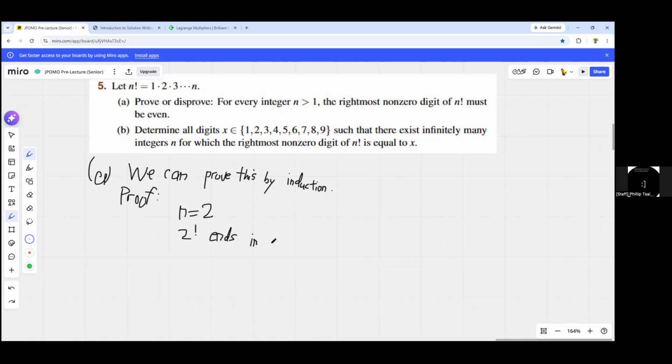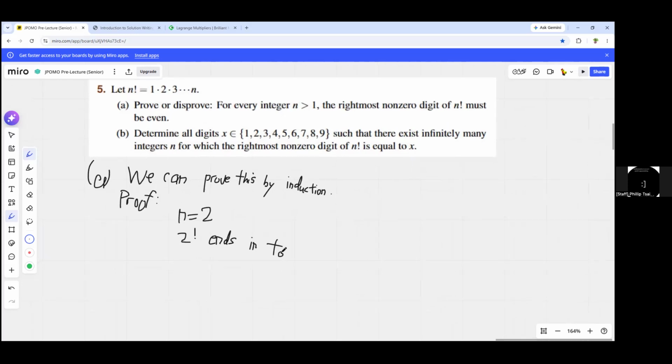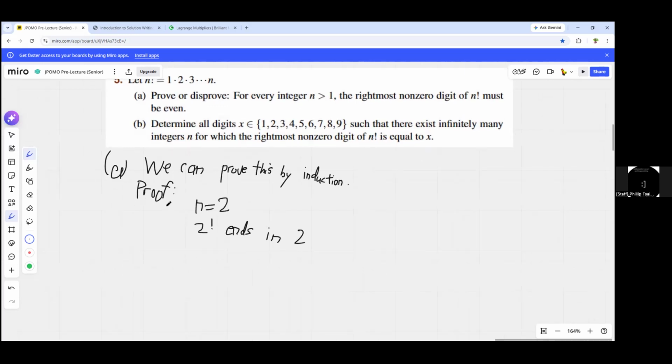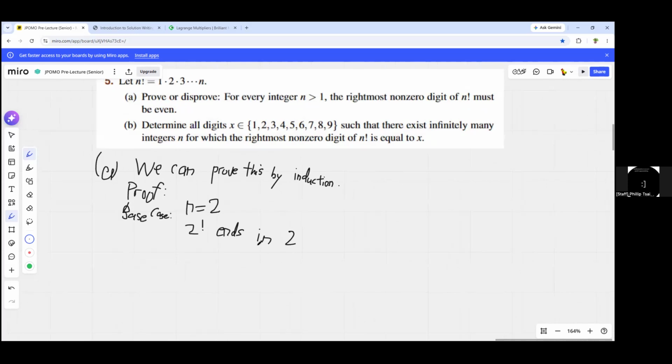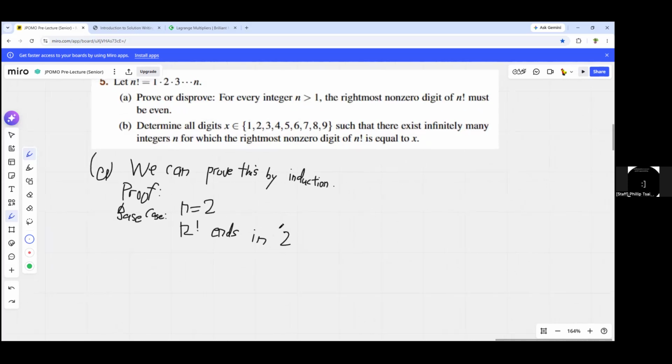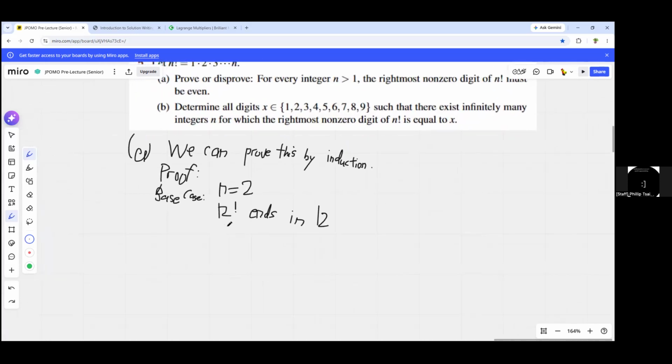And since we only need an example here, we only need to show that it ends in an even number, which we already showed. It ends in two, since it's exactly two.